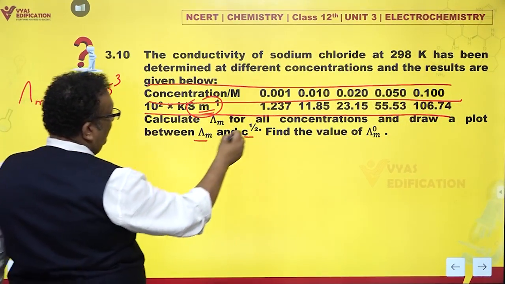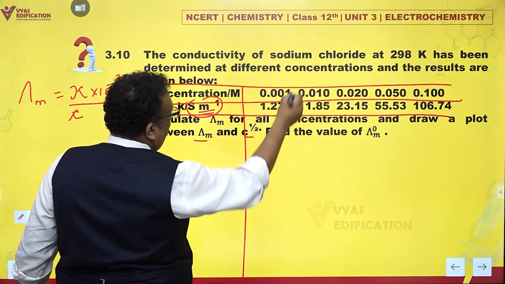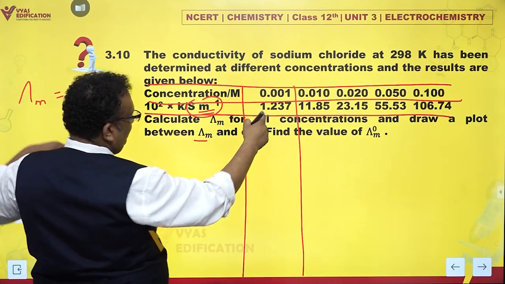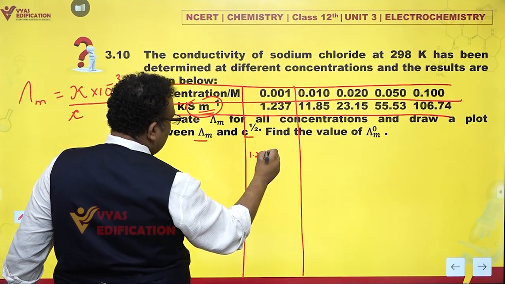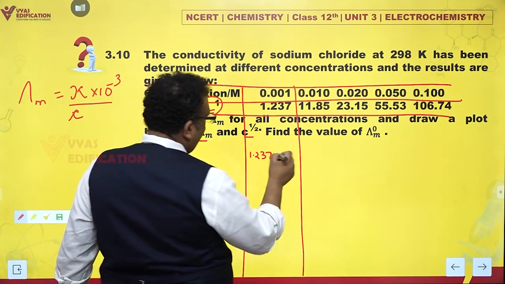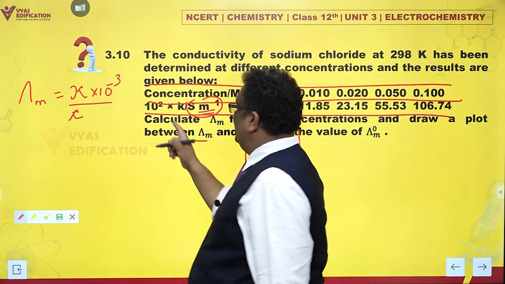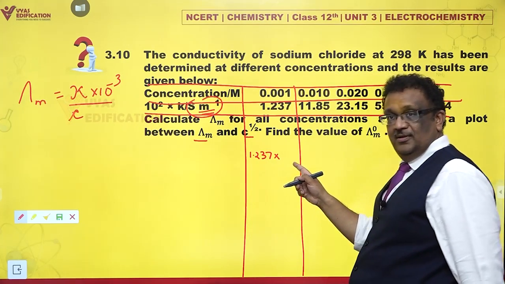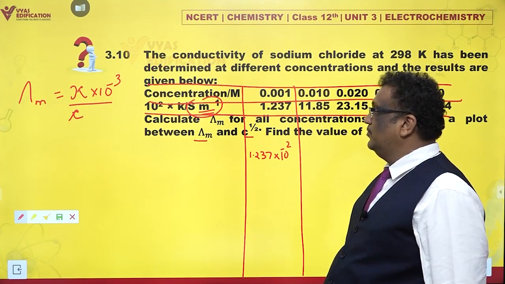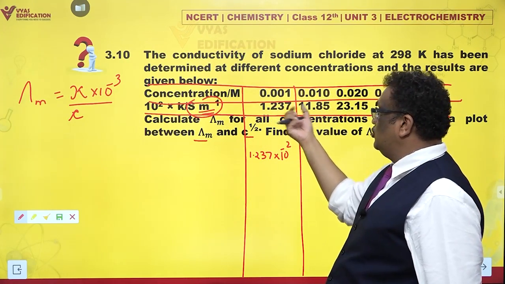So lambda m for the first case, how much would it be? Lambda m is kappa, and this is 100 kappa, which is 1.237.